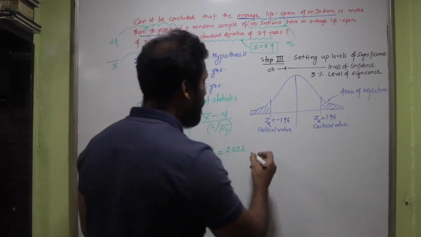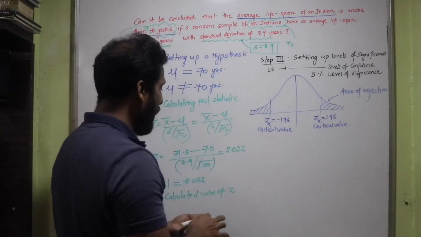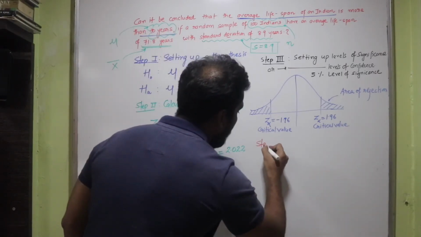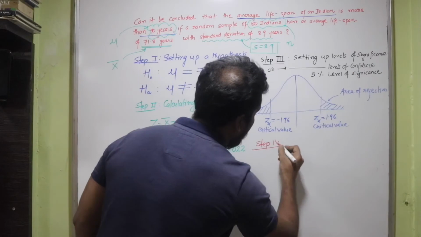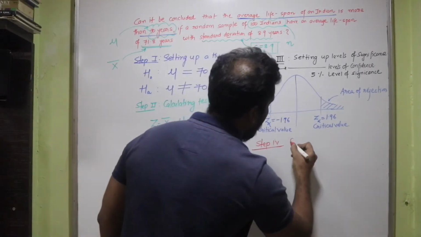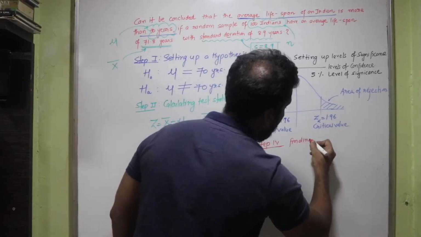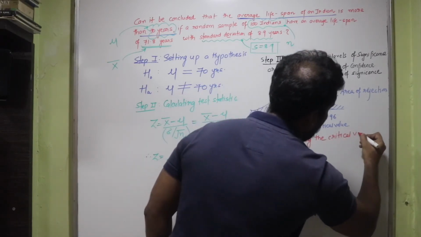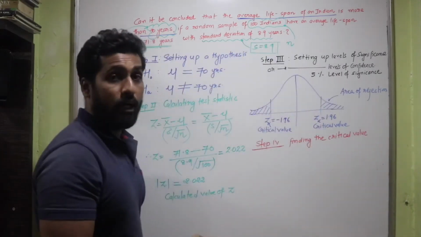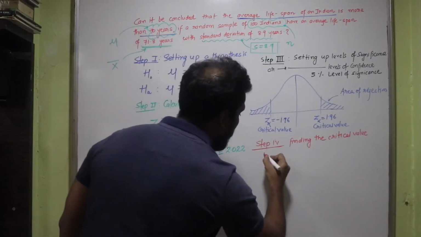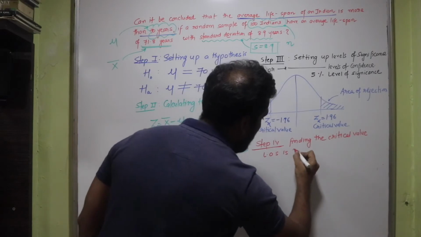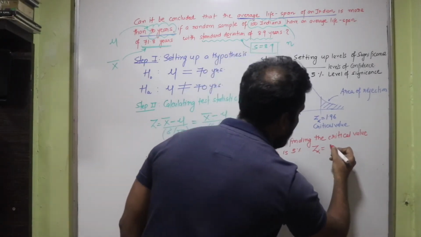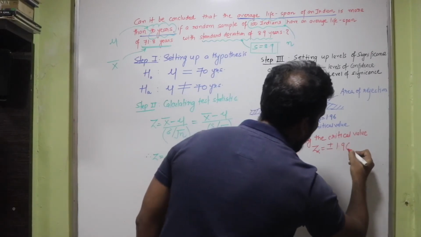Step 4 is finding the critical value, but you already know that the critical value is already obtained by us. The critical value that I've got here, for 5% level of significance, is taken as plus and minus 1.96.